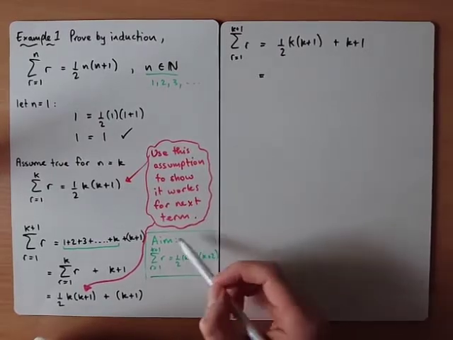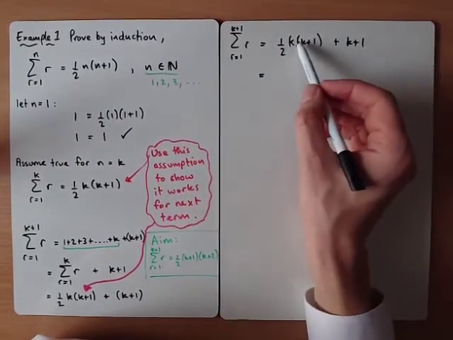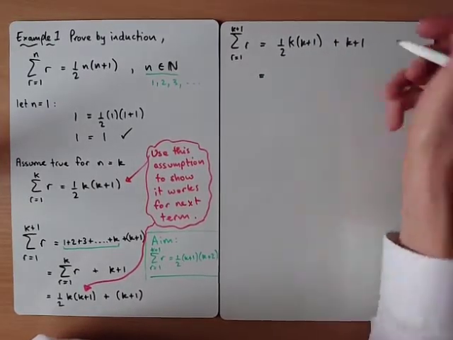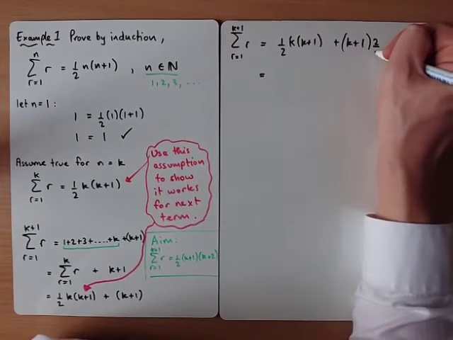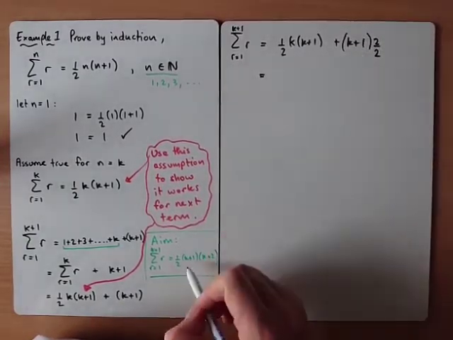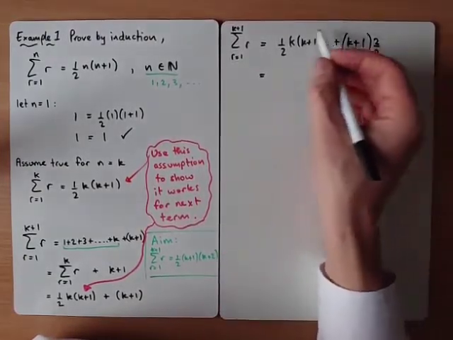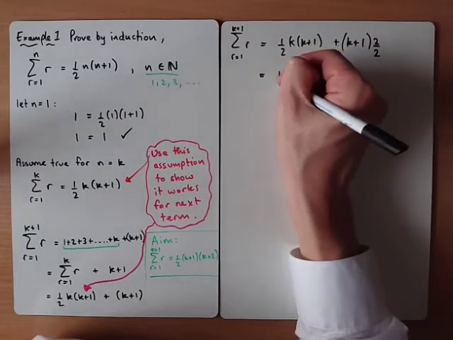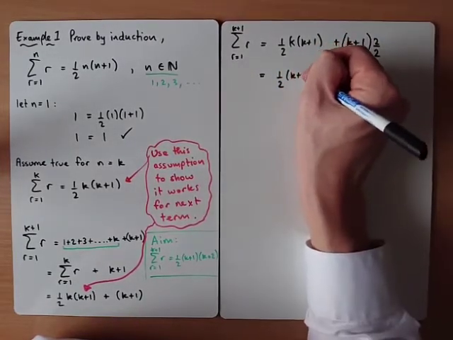So we're aiming to get to this answer here. If we can get to this answer, we've done our proof. We could expand this out, but think about what we were doing with series. I'm going to think about that as 2 halves, because then I can take out the common factor of a half and the common factor of k plus 1. Instead of having to expand this out and mess about with fractions, I can take a half out and I can take k plus 1 out of both.